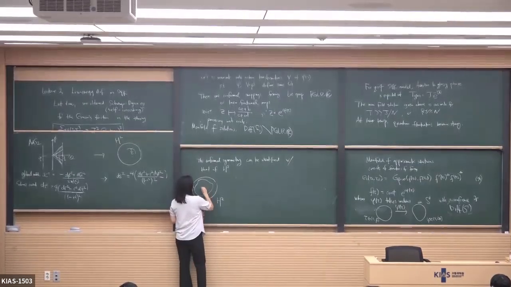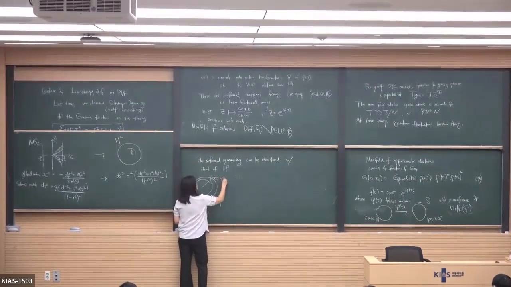And the angular coordinate, so this point is given by r of tau, phi of tau, right?